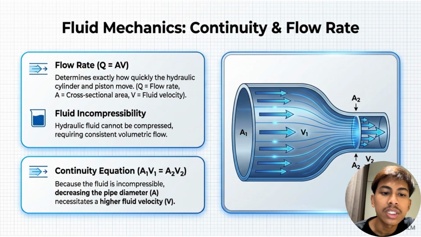As shown in the diagram, when the pipe becomes narrower, the cross-sectional area decreases. To maintain the same flow rate, the fluid velocity increases. In conclusion, the continuity equation ensures a constant flow of hydraulic fluid throughout the system, allowing hydraulic components such as cylinders and pistons to operate smoothly and efficiently.